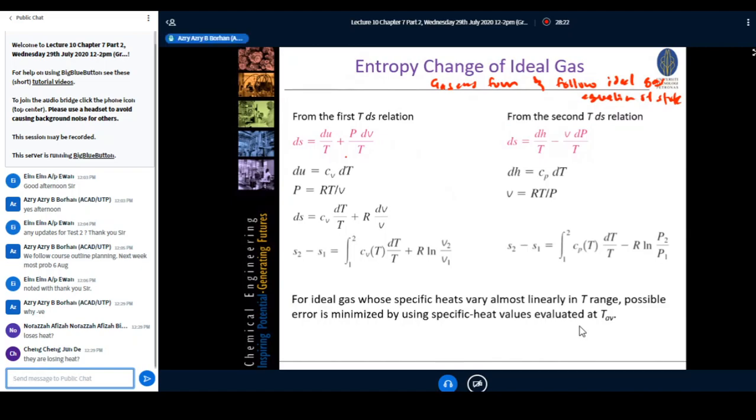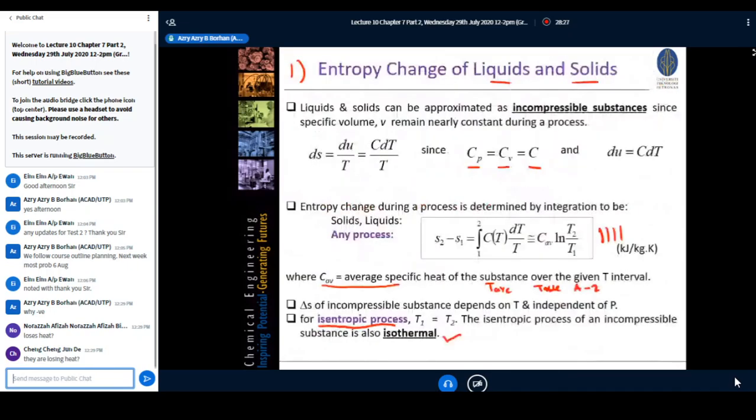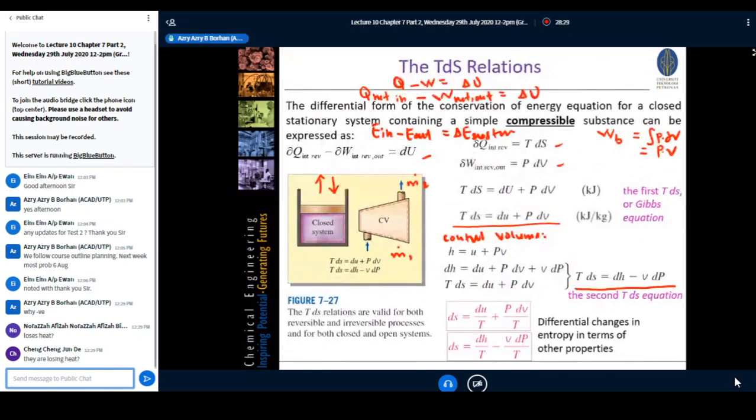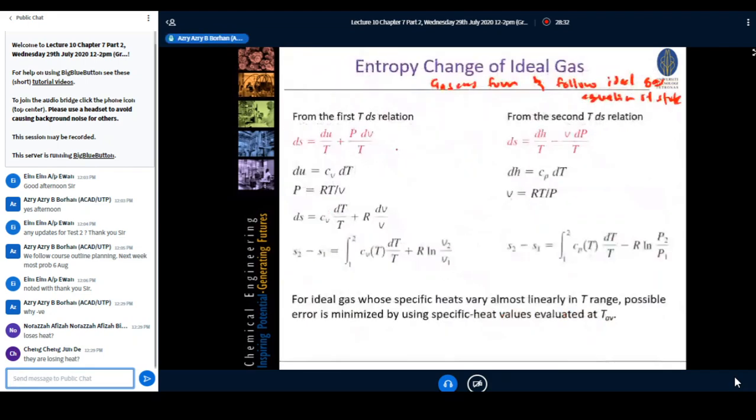Now guys, from your first TdS relation, if you look at the original equation, this is the first expression from the first TdS, and this is the second expression from the second TdS that we derived earlier. We know du equals CV dT, and then for gas that follows the gas equation of state, we can make use of PV equals RT.